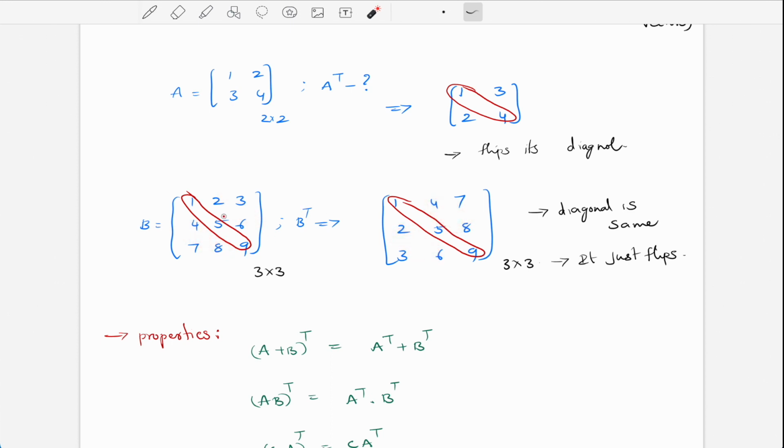The diagonal is the same, but it flips. So B transpose is just transposing its body, from head to tail and tail to head, like this example.